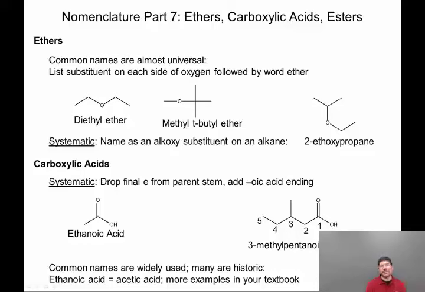The 1-carbon carboxylic acid is called formic acid because it was originally isolated from distilling ants. And the root for ants is formic. There are other ones. The 4-carbon carboxylic acid is called butyric acid because it smells like rancid butter.